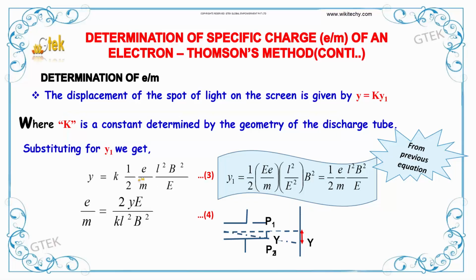Substituting y1 in this equation, you get y is equal to K into 1 by 2 e divided by m, L square B square by E, where e divided by m is equal to 2yE divided by K L square B square. This is the charge of an electron.